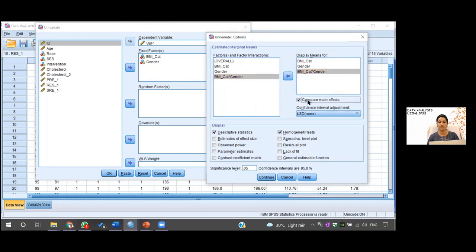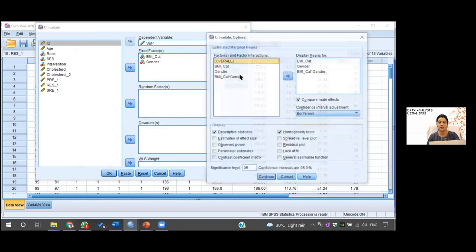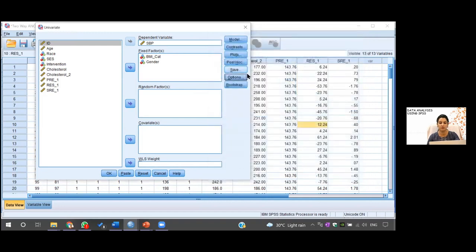And then we have to compare the main effect. So click this main effect. This gives you the main effect of BMI category and gender. And then you click this Bonferroni and this descriptive and homogeneity, and continue. This option, compare main effects, gives you the pairwise comparison also.